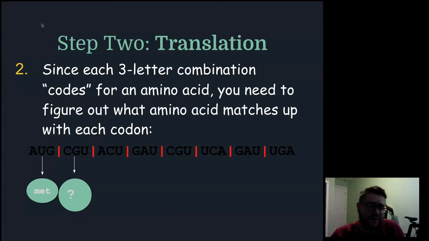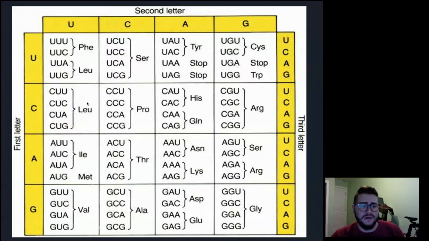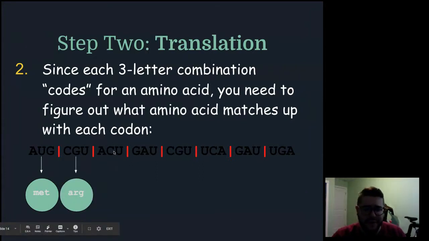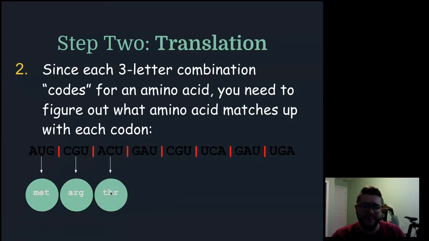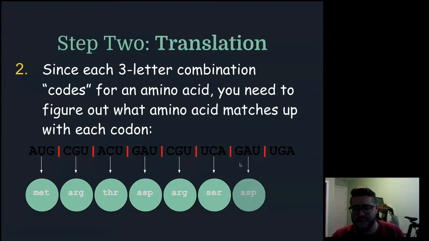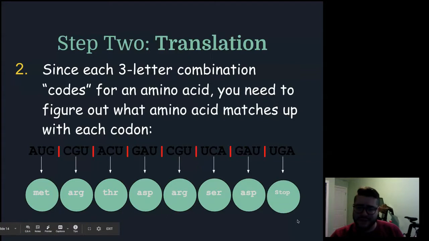So let's look at the codon table, try a second one. So CGU. Here's my codon table. Here's a C. Here's the G. So CGU codes for ARG, which is arginine, which we see right here. And then we can keep going, right? So ACU would code for threonine, GAU, CGU, UCA, GAU, and then our final one we know is for the stop codon.